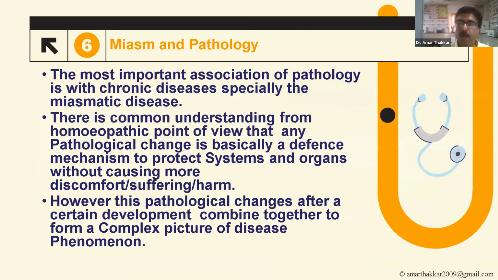Now we come to a very important and the last part in understanding the relationship, which is the miasm and pathology. From the original texts written by Hahnemann in the form of Chronic Diseases or Materia Medica Pura, and with the development of the field of medicine, especially in the pathological aspect, when you combine these two studies or knowledges, you must be able to find out the salient features which exist between these two.